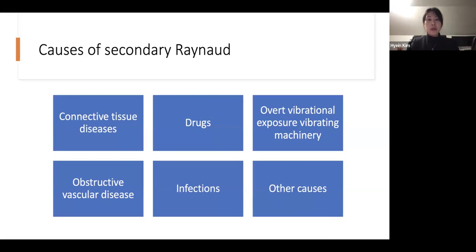We've had patients come into the hospital with new onset uncontrolled thyroid disease, and they would have really bad Raynaud. Once their thyroid disease gets controlled, it improves dramatically. So those are some of the causes that we keep in mind when we're seeing patients with Raynaud.